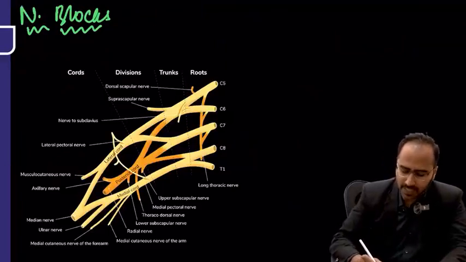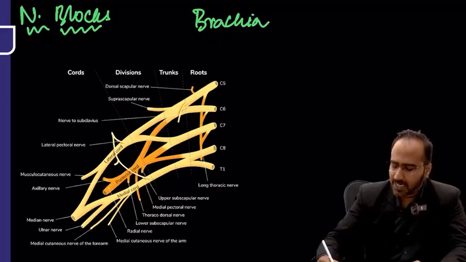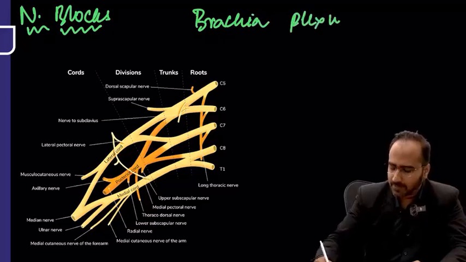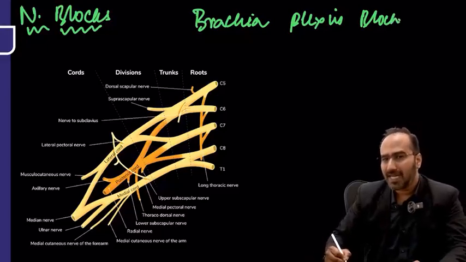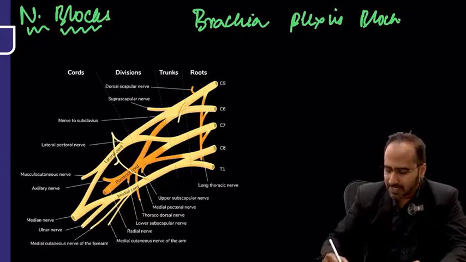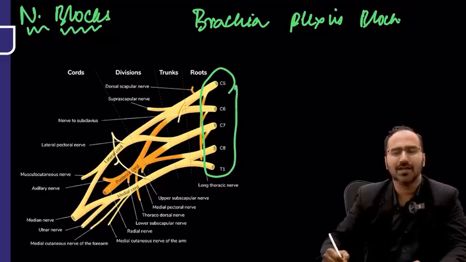Coming to the peripheral nerve blocks. In the peripheral nerve blocks, we'll start with the first nerve block, that is called the brachial plexus block. Guys, remember, the brachial plexus is formed by C5 till T1: C5, C6, C7, C8 and T1.